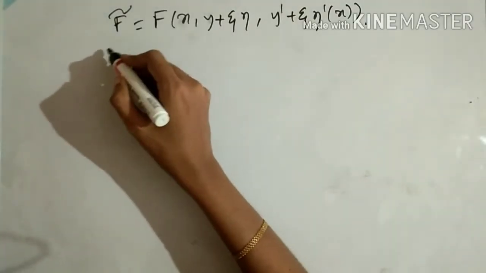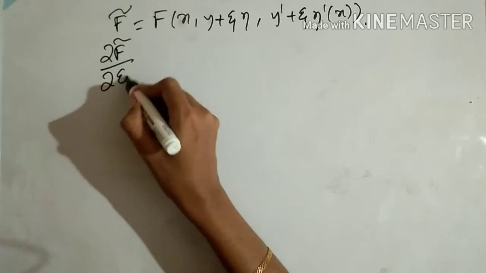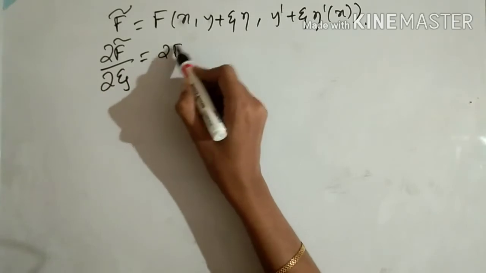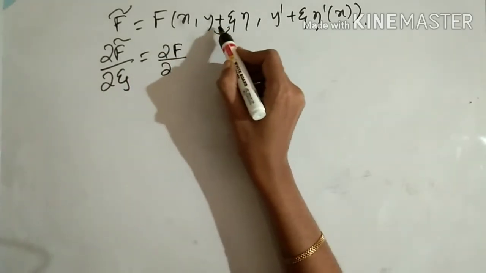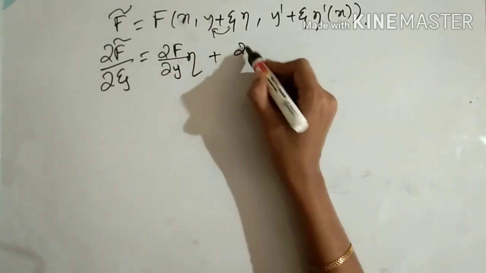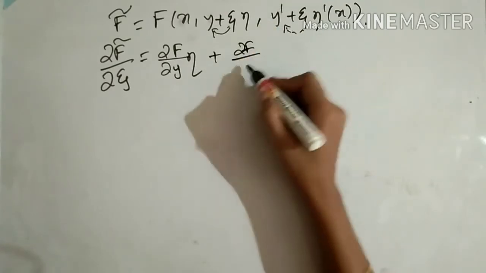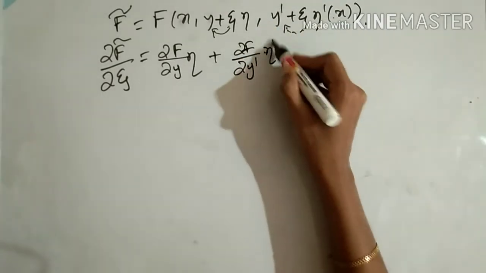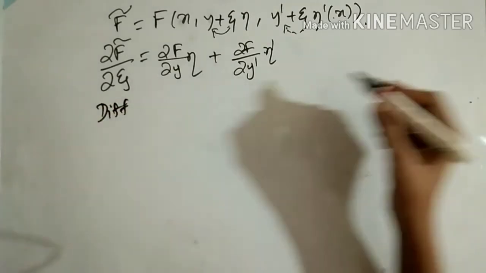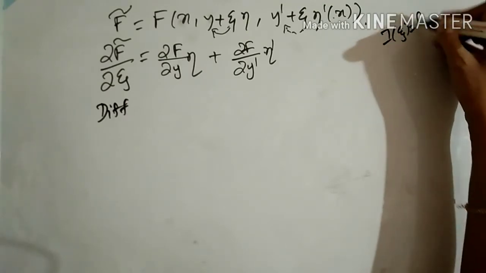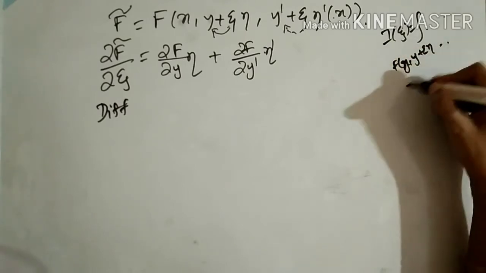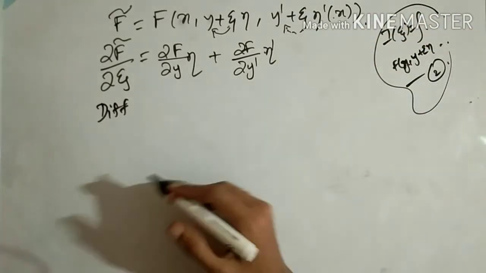By differentiating, dou f tilde over dou psi equals dou f over dou y into eta, plus dou f over dou y' into eta'. Now differentiate equation 2, that is I(psi) equal to the integral of f with y replaced by y plus psi eta, which you can see in the last slide.